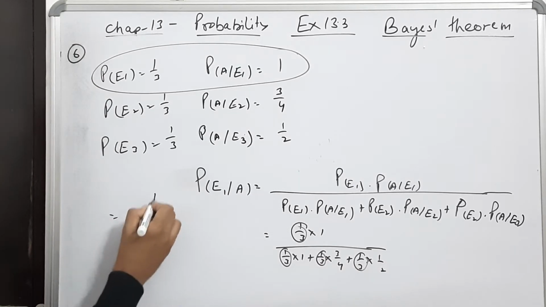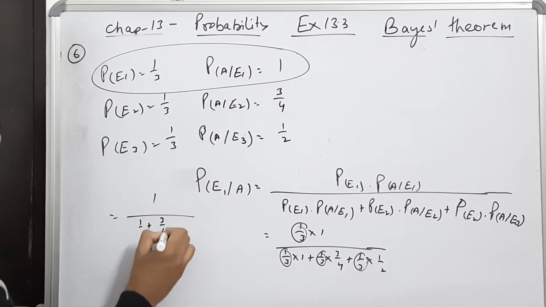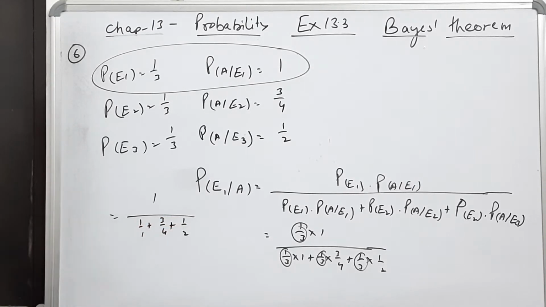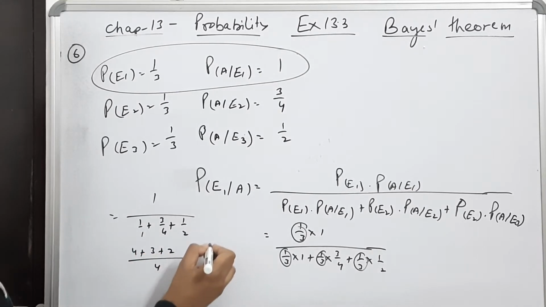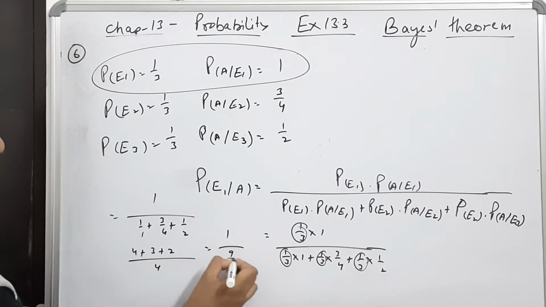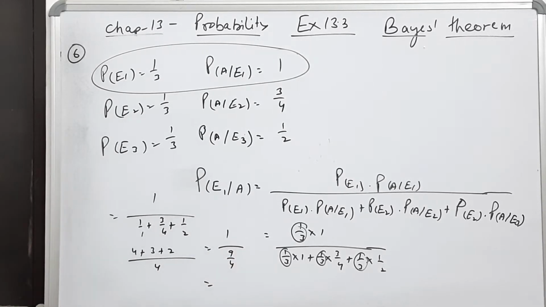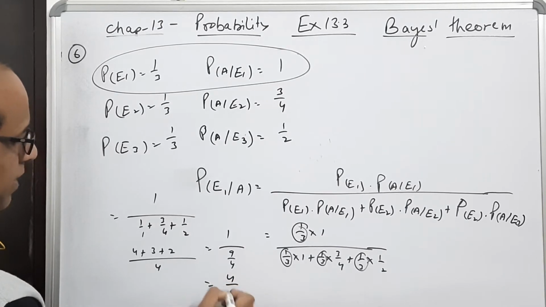So the final part is 1 upon 1, 3 upon 4 and 1 upon 2. So the LCM is 4. So 4 plus 3 plus 2. So the answer is 1 upon 9 upon 4. So the final answer, come on, try all of you. Definitely it will be 4 by 9.